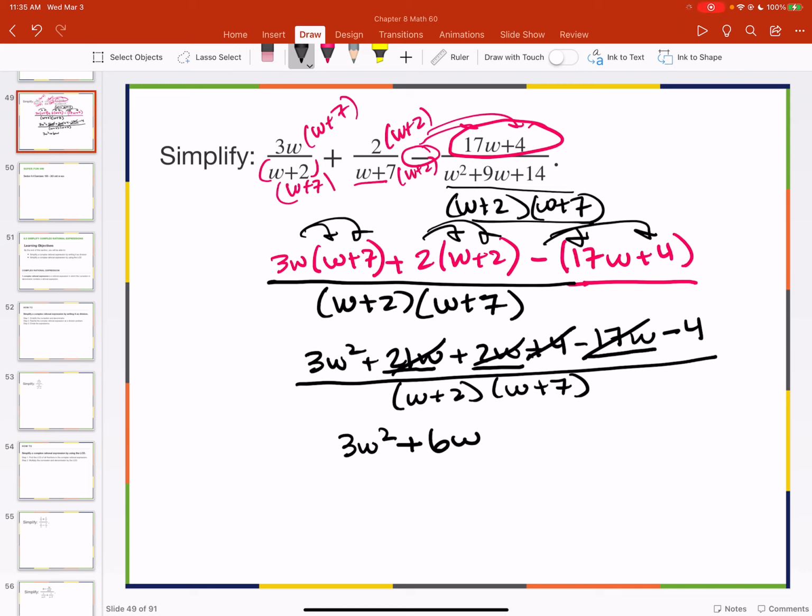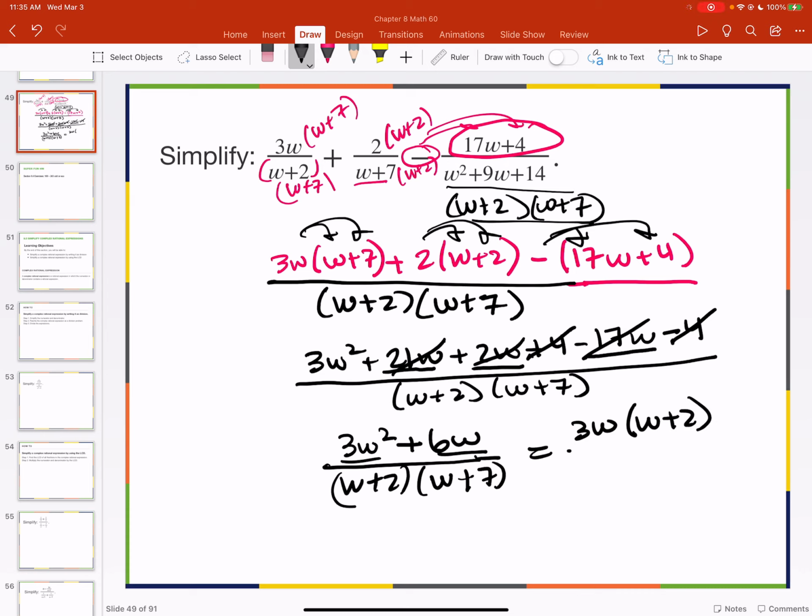Then you have 4 and minus 4. Oh, they cancel out. That's nice. And then you have W plus 2, W plus 7. But on the top here, I can factor out a 3W. So 3W, that leaves me with W plus 2 on the top over W plus 2, W plus 7. And for those of you saying, oh my gosh, they're the same, yes, they cancel out. Exactly. That's why we factor everything, because sometimes you will have factors that cancel out.